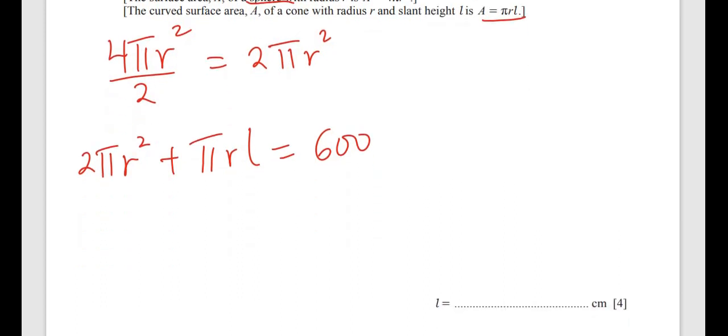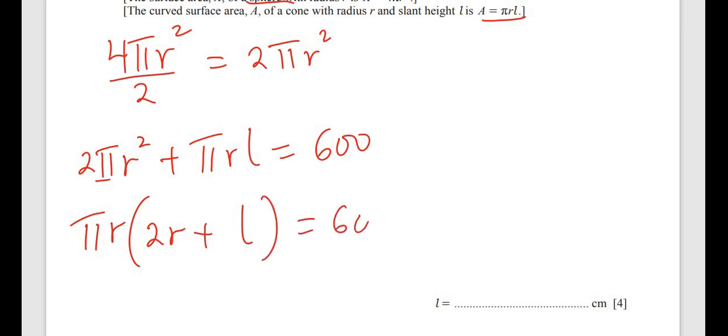This is actually simple. We can factor out pi and r. So when we factor out pi and r, we're going to have 2r plus L, and that is equal to 600. Then you can divide both sides by pi r.